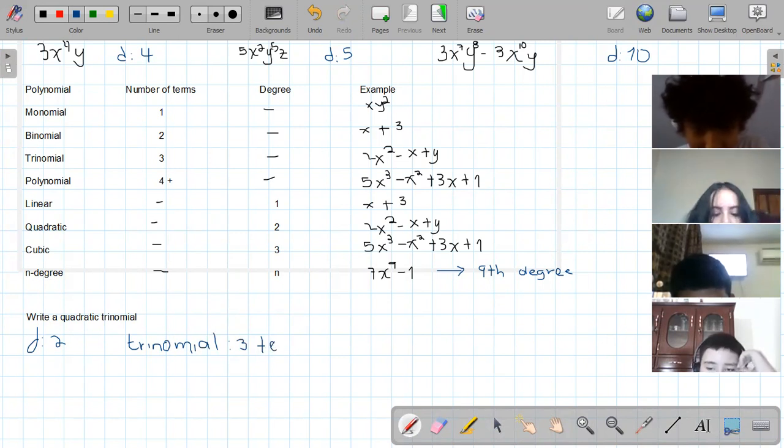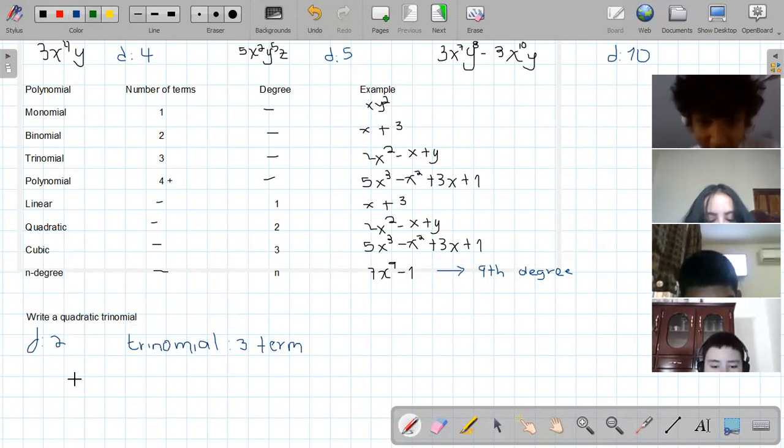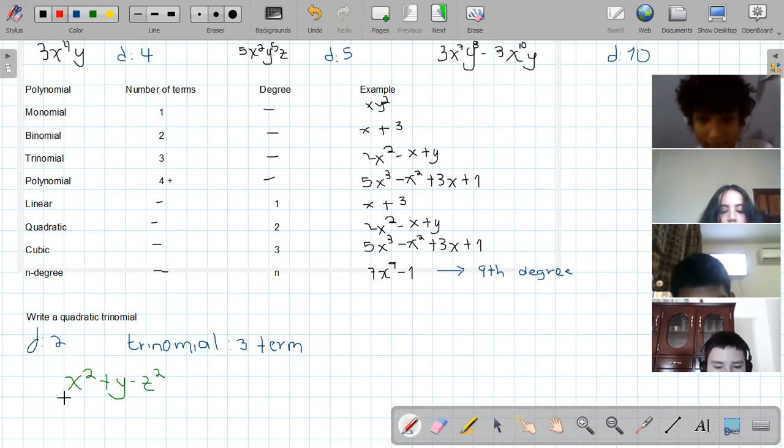So you have to have the greatest degree 2. For example, Javier might say, I want this to be x to the square plus y minus z to the square. We got one term, 2 terms, 3 terms, trinomial.